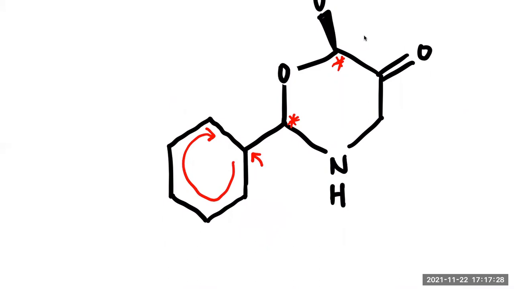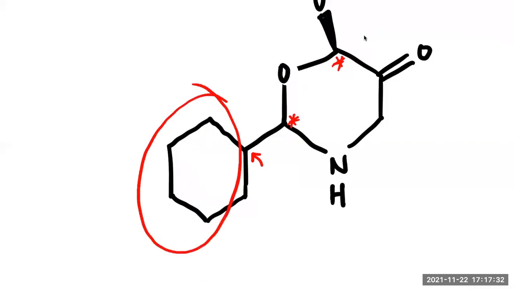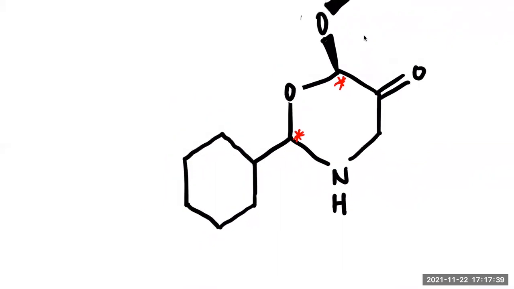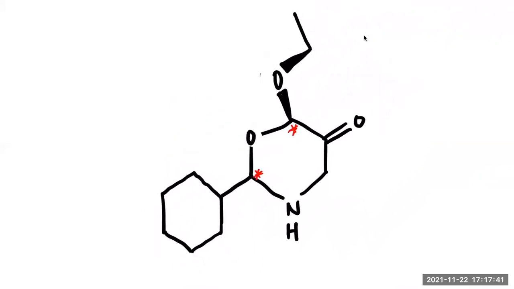And remember, for a stereocenter, we need 4 different ones. So because this ring is symmetrical, that won't be a stereocenter. All right, so we have 2 other options I want to take a look at with you guys.